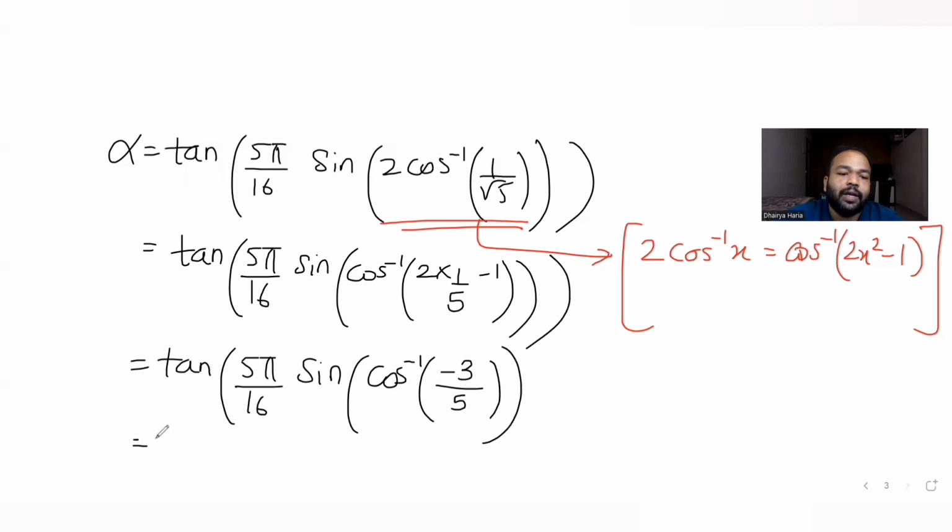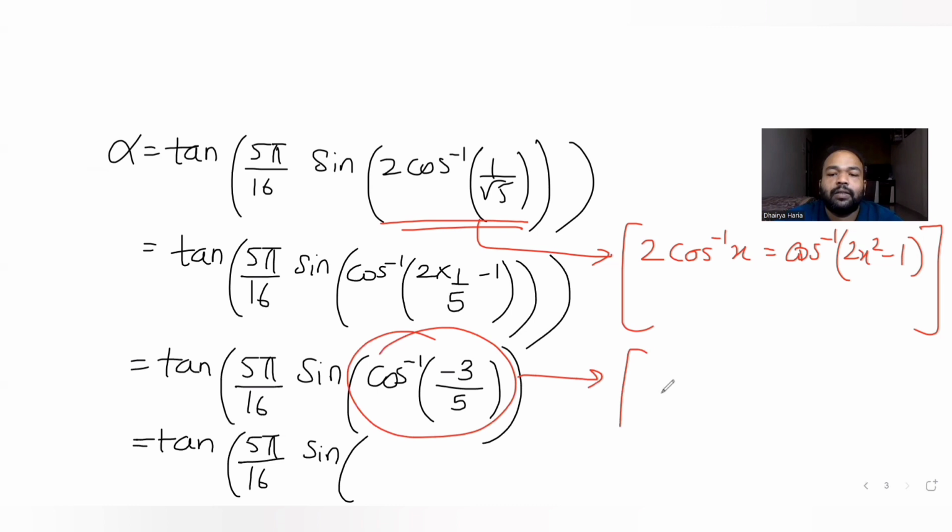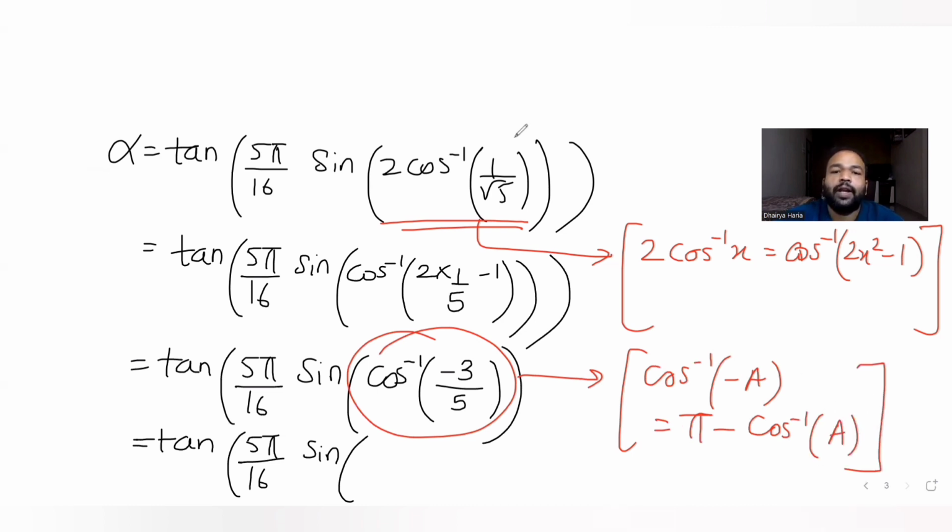So I get tan of 5 pi by 16 into sine of cos inverse of minus 3 by 5. I can write cos inverse of minus x as pi minus cos inverse of x, so this is sine of pi minus cos inverse of 3 by 5.